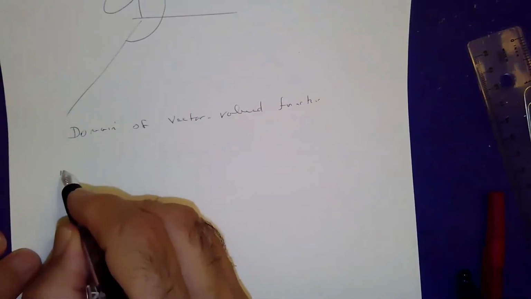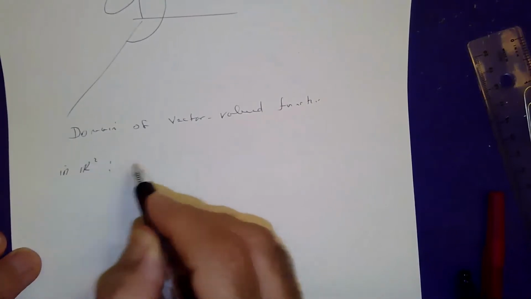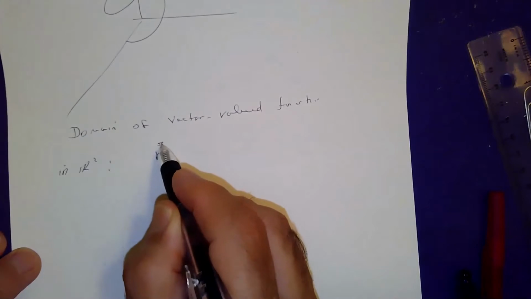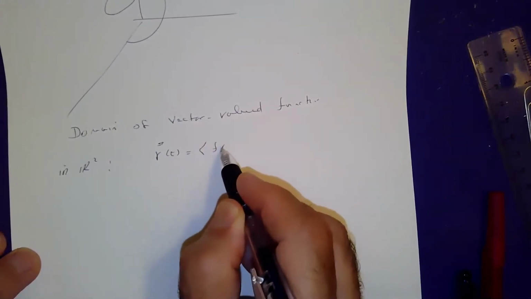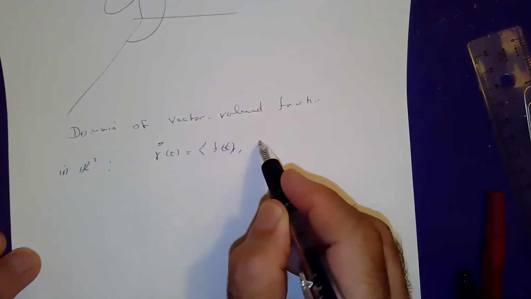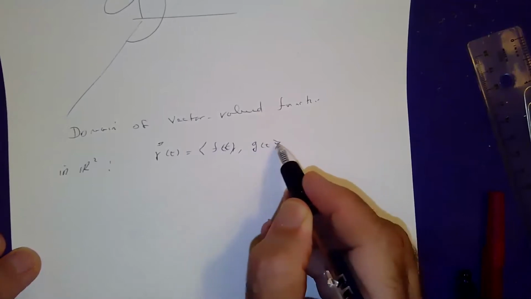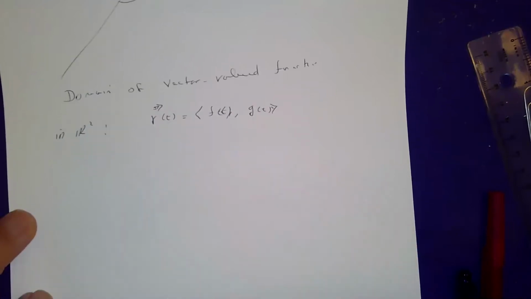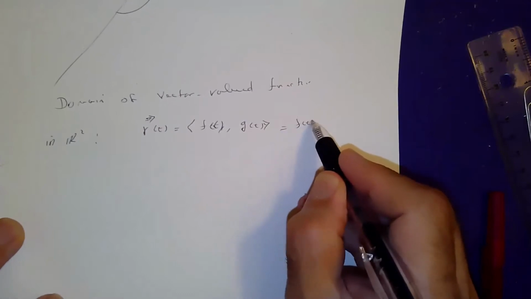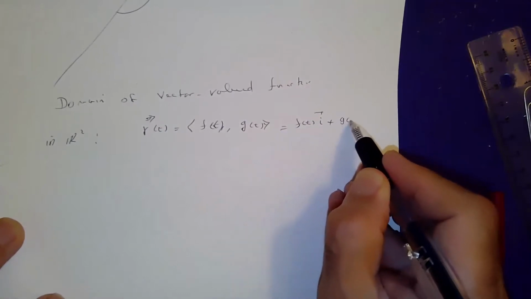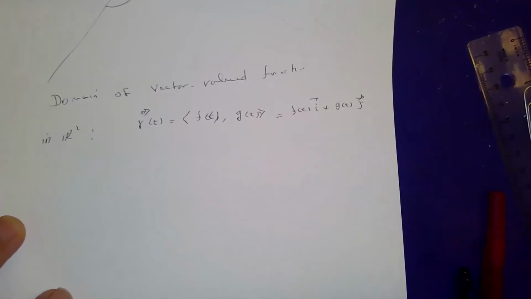Well, in R2, what would the domain be? If you have, let's say, r of t, which is f of t and g of t, or you can write this as f of t i plus g of t j, correct?